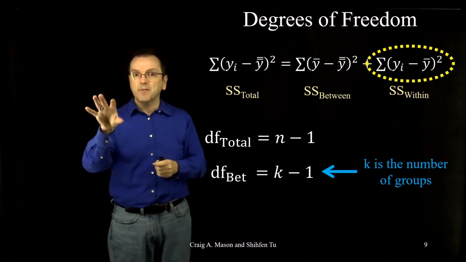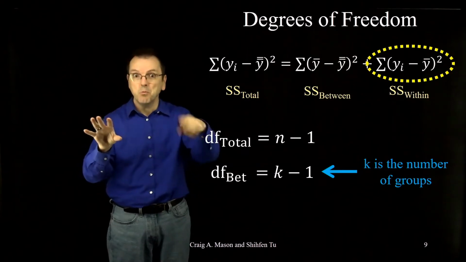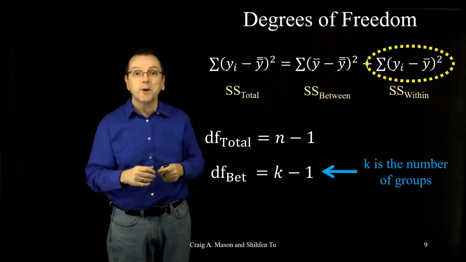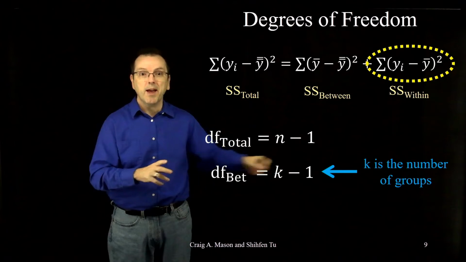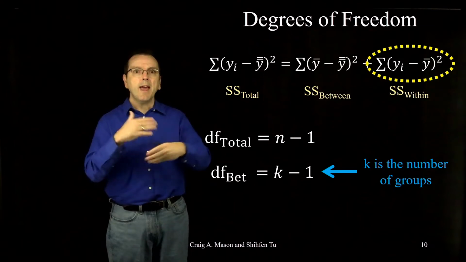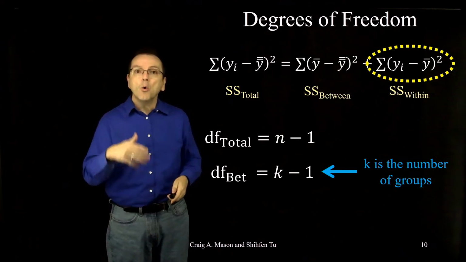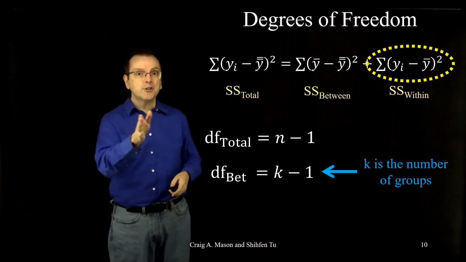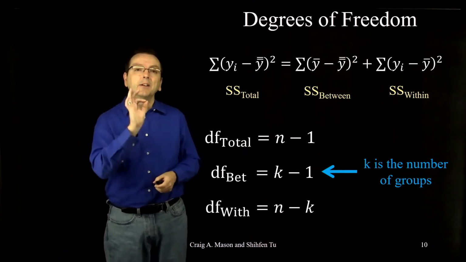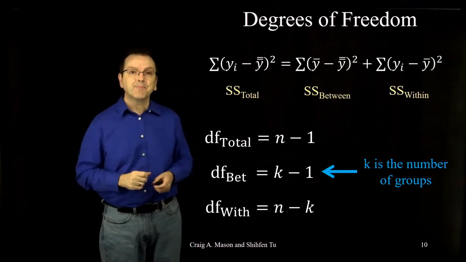So we have the n for group 1 minus 1, and the n for group 2 minus 1, and the n for group 3 minus 1, and all the way up to the n for group k, remember we have k groups, minus 1, right? So when we add up all of those n minus 1s, it's the total n minus 1 for each of the k groups, or n minus k. So the degrees of freedom within is equal to n minus k.